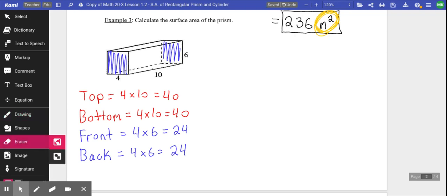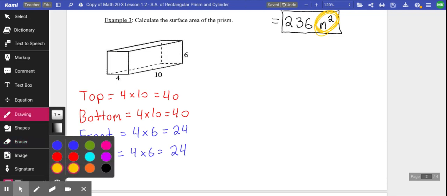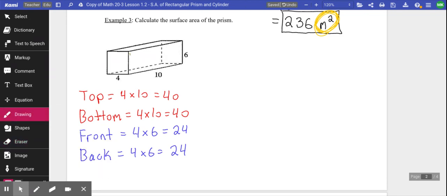The last two that I'm going to do, I'm calling them the sides. Probably could have called it front and back as well. So you got that side right there. And I call that the right side. And I have this left side back here.